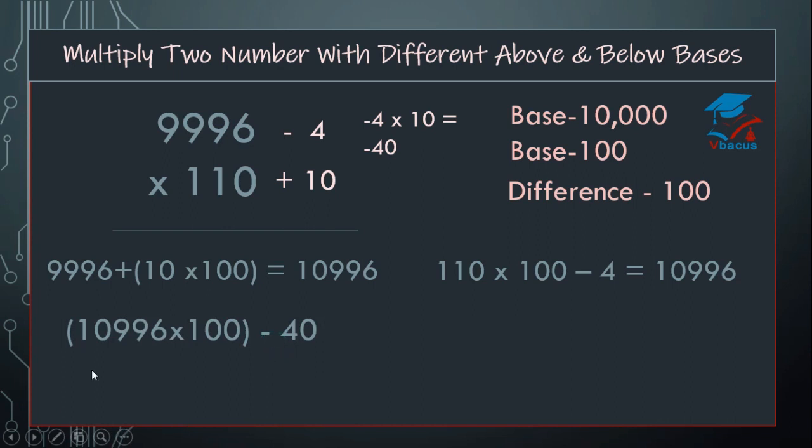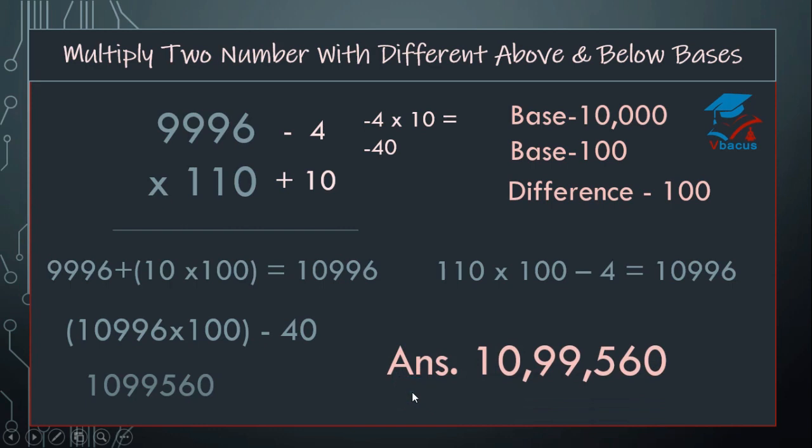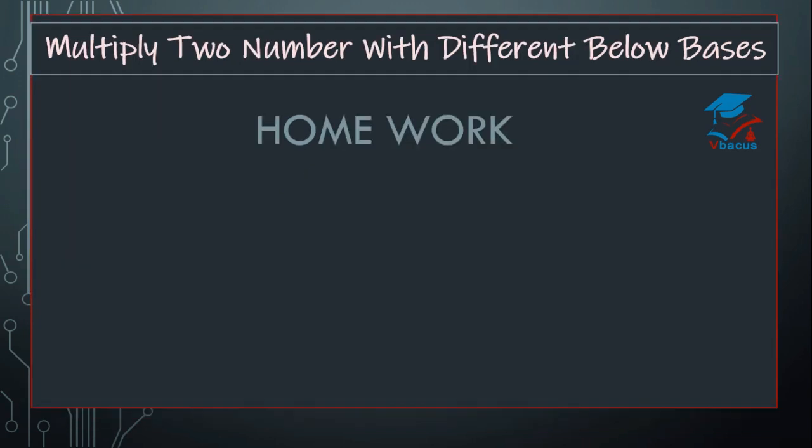So here you have to multiply 10,996 times 100, that is the difference of bases, and subtract 40. So you will get 1099560. So this will be your final answer, that is 10,99,560. There is a homework and you can write the answer in the comment section.